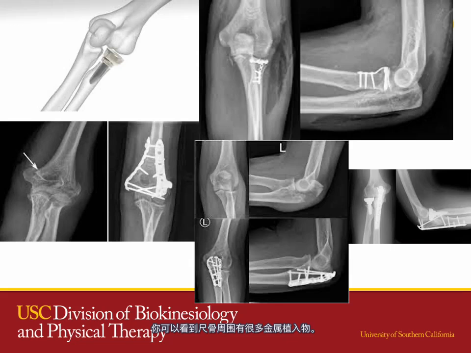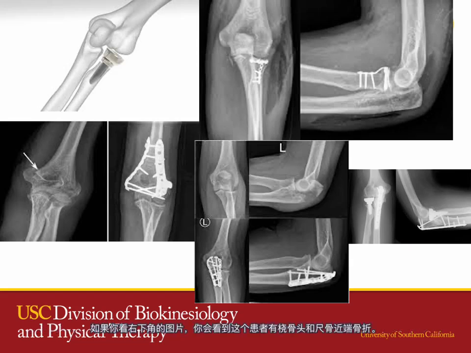So you can see a lot of hardware just around the ulna. You'll see the radial head is intact, the distal humerus is intact, so the only thing that's not is the ulna. Really with a surgery like that, it looks a little crazy, but you should be able to get movement relatively quickly because only one bone was affected.